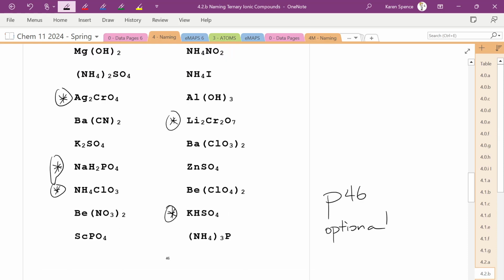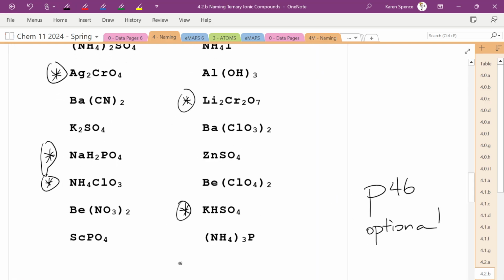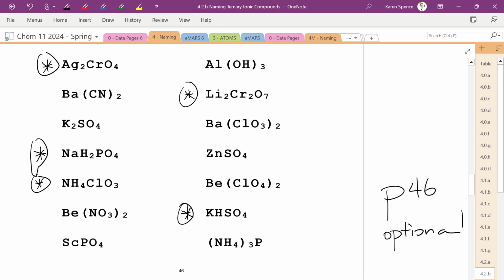See if you can pick out who is the anion and who is the cation. Page 46. If you want to do them all, you can do them all, or you can just do these ones with the stars.